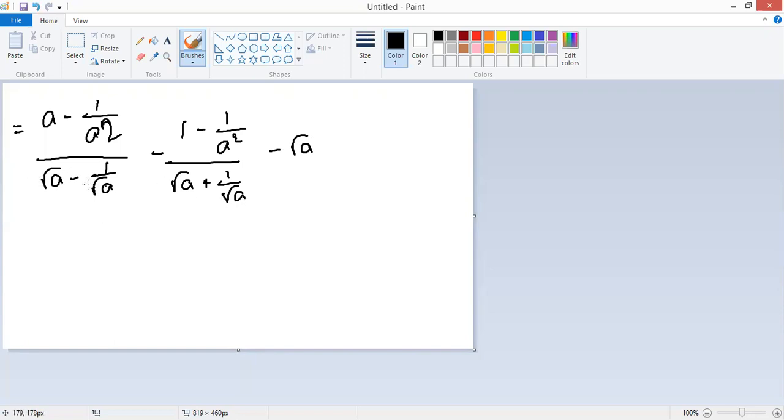Now I am taking the LCM. Root a minus 1 by root a, plus 1 by root a. If we take that root a minus 1 by root a into root a plus 1 by root a, then we will get the a plus b into a minus b form. Then root a whole square minus 1 by root a whole square.